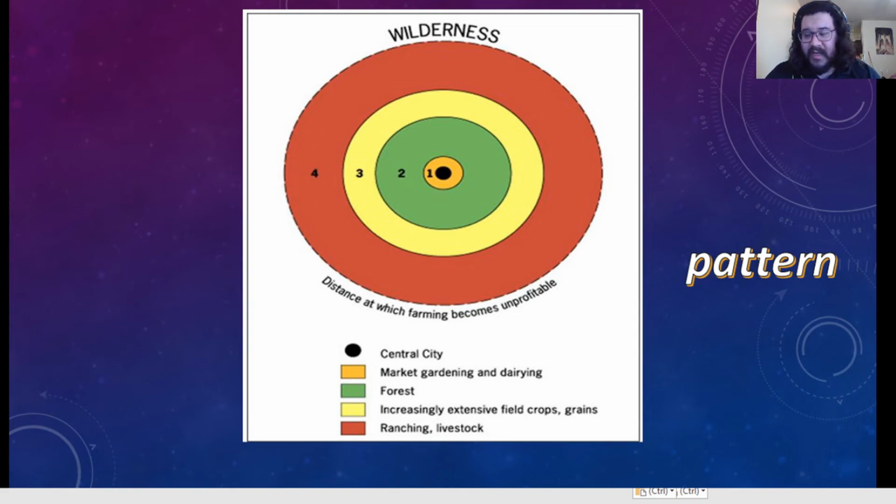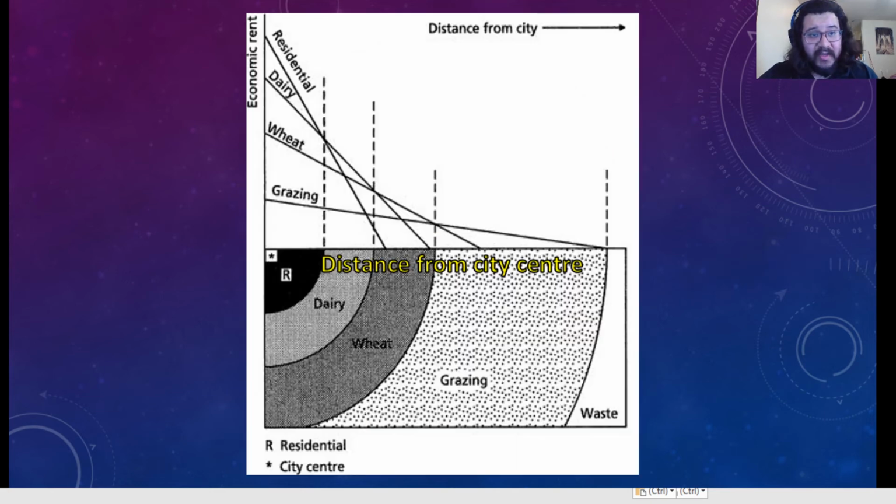But another part of that is why that's the case, why the world is the way it is for this particular topic. And in this case, we want to know why the pattern is the way it is for rural land use, as von Thunen saw it in Germany. Now, to get an understanding of where this comes from, why the model looks the way it does, we have to look at a bit of economic geography. Okay?